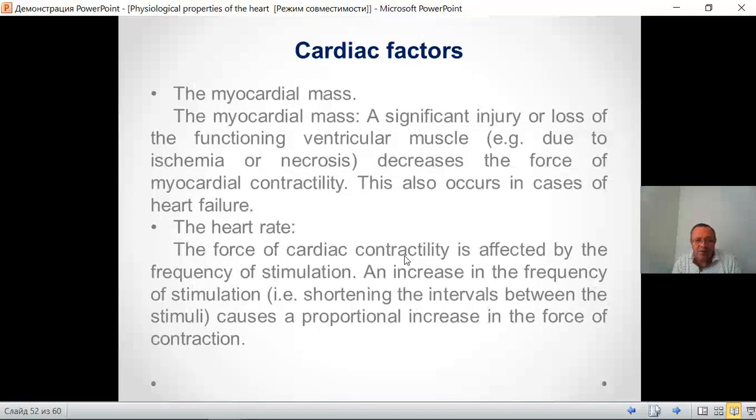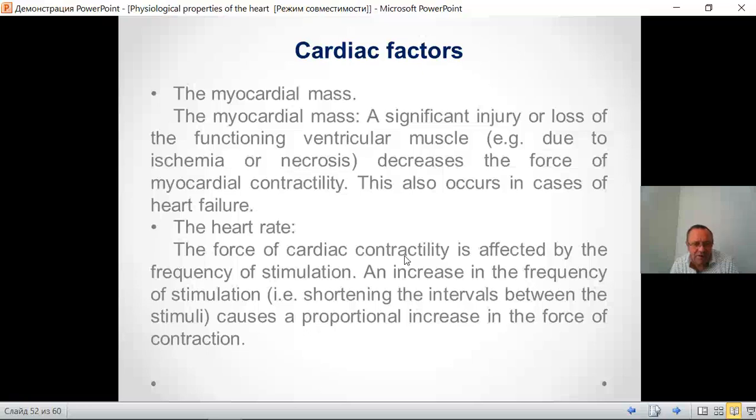Cardiac factors. The myocardial mass. A significant injury or loss of the functioning ventricular muscle decreases the force of myocardial contractility. This also occurs in cases of heart failure.